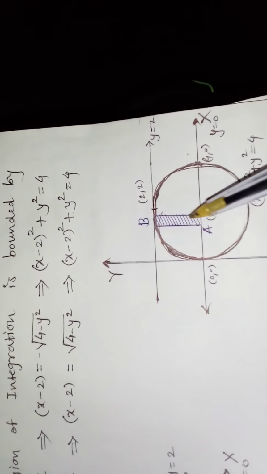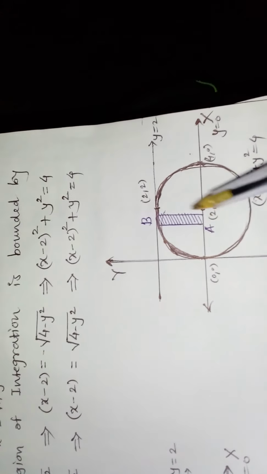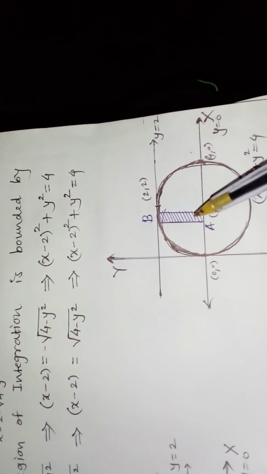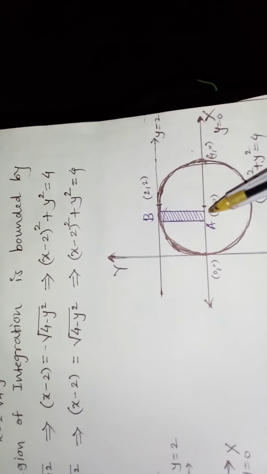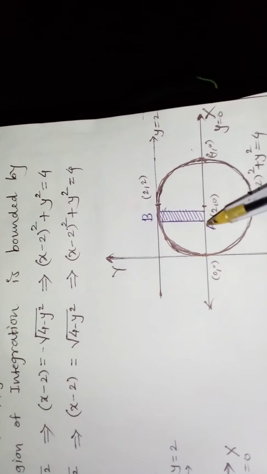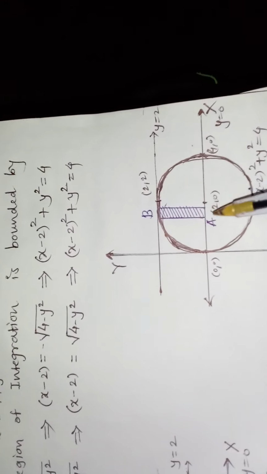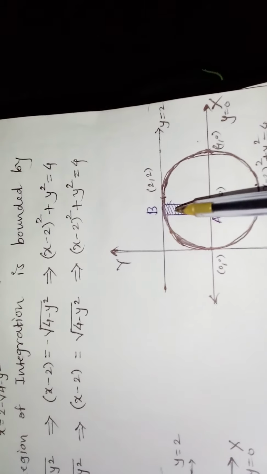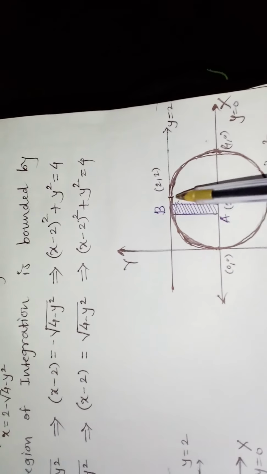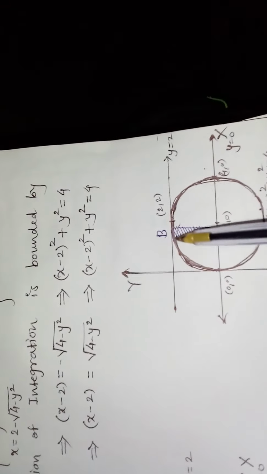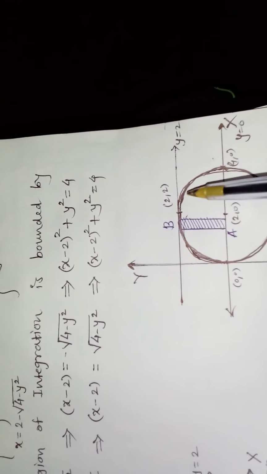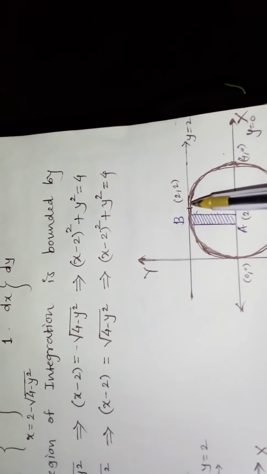So now we are finding the limits using that vertical strip. We can observe this vertical strip is touching this line, that is y equals 0, at the lower side, and the same strip is touching this curve, that is the equation of the circle, at the upper side.